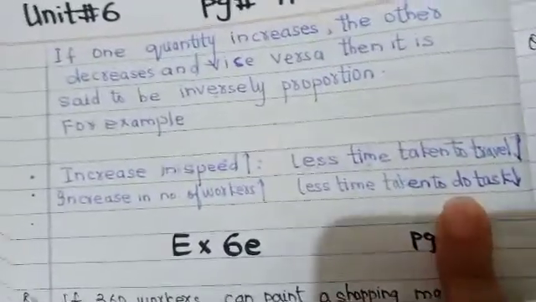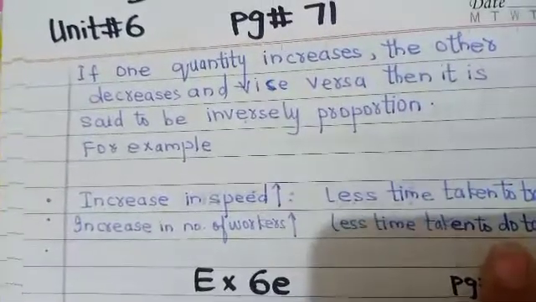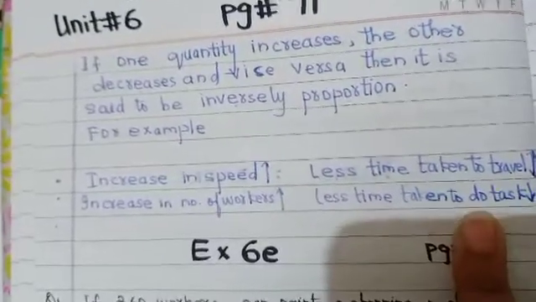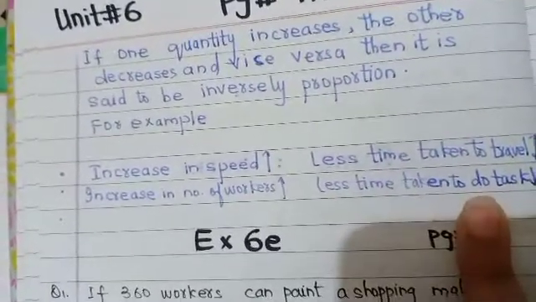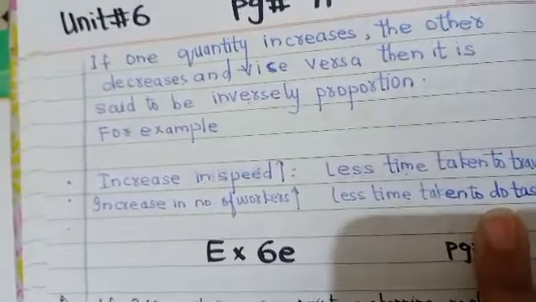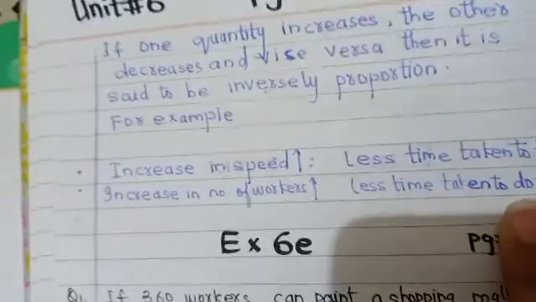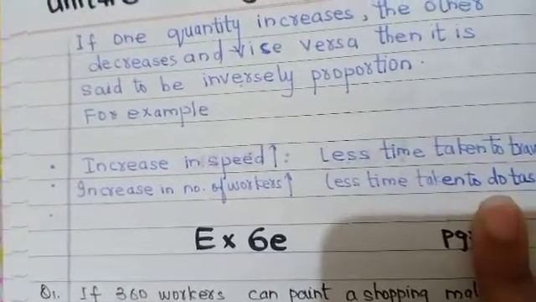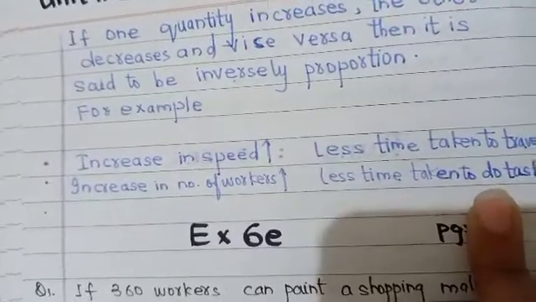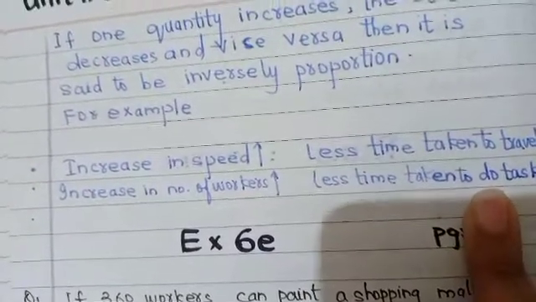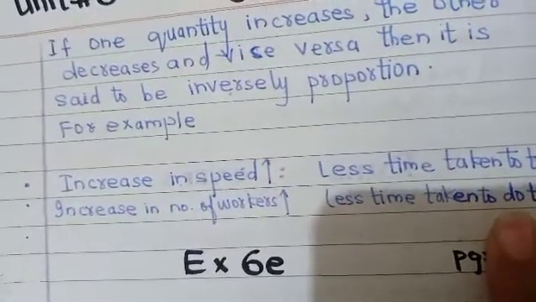Now the second example: increase in number of workers, less time taken to do the task. For instance, I asked a few students to do the decoration of the soft board. There were 2 students doing this work, and it was taking half an hour. I said, now you have only 15 minutes to do that work.